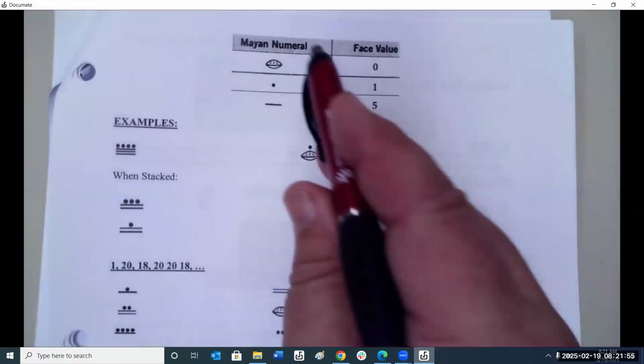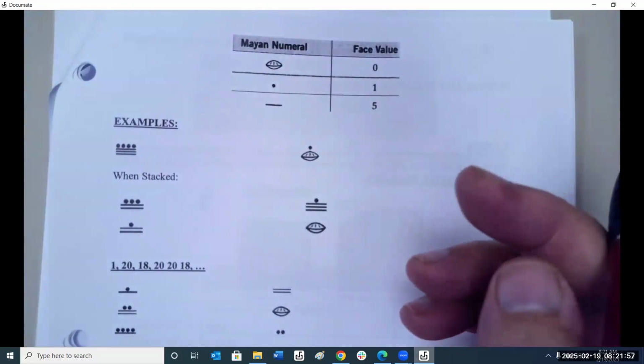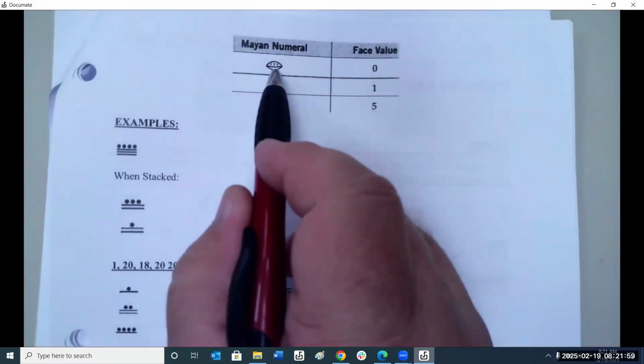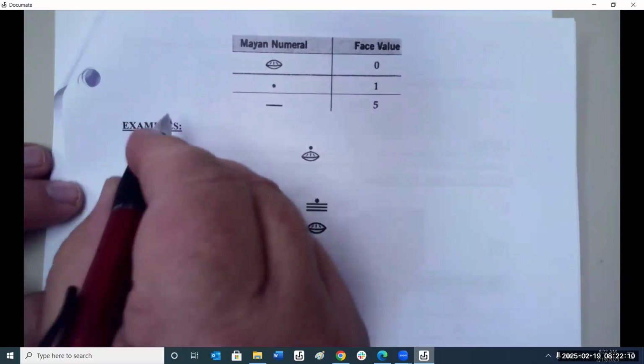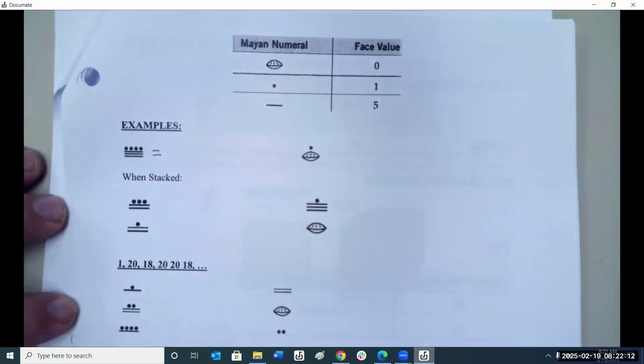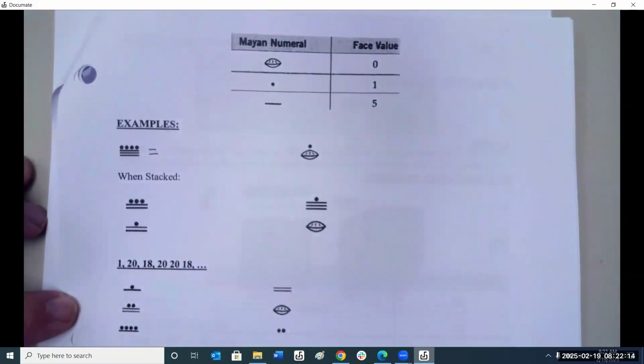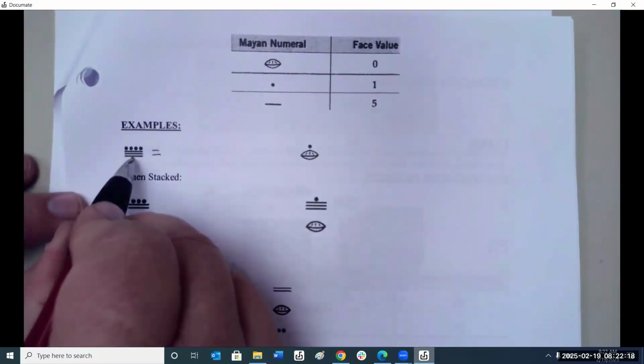In the Mayan system, we used these numbers: the shell, the dot, and the bar. So what do you think this first number here would mean? 14. How many bars are there?